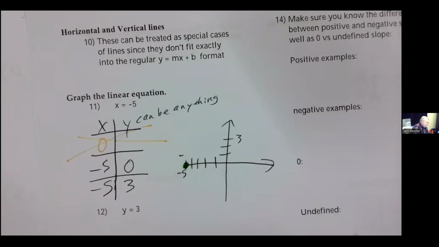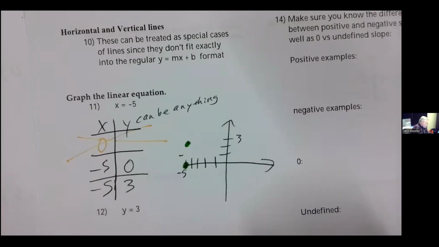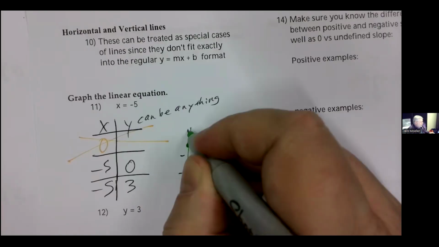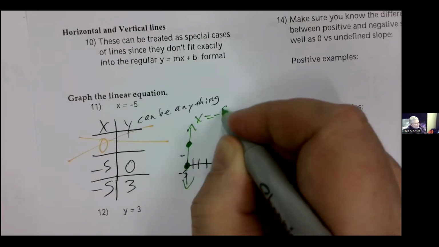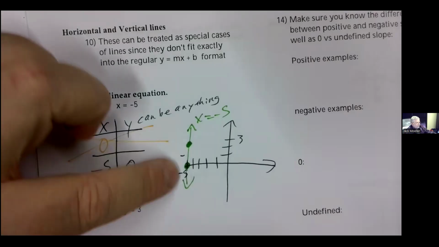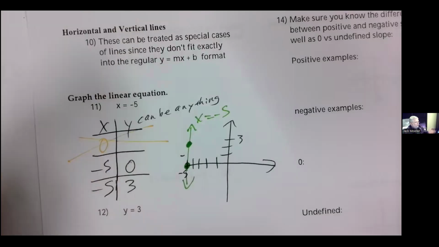Once you plot those points, you can see that they're vertical. Every single one of the infinite points on this line is going to have x equals -5. So if you have x equals a number, that is always vertical.